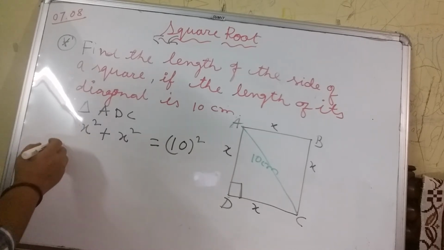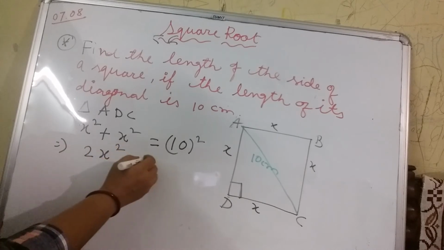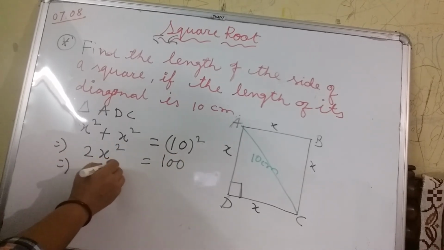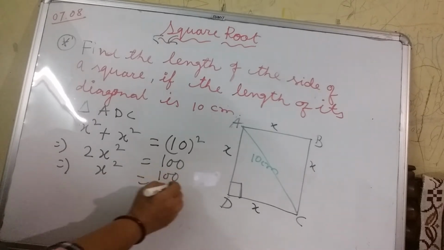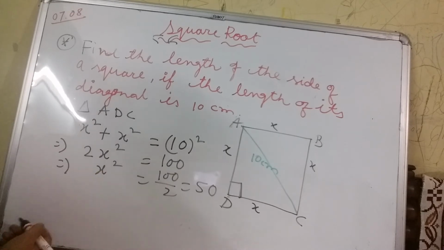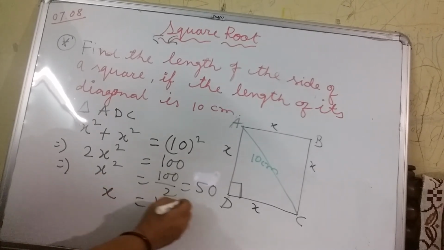Okay, so x square plus x square, it will become 2x square, it is 100. Okay, so x square will be 100 by 2, that is 50. Now x will be square root of 50.